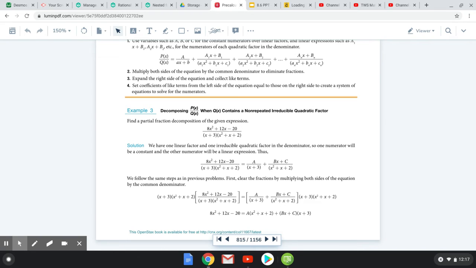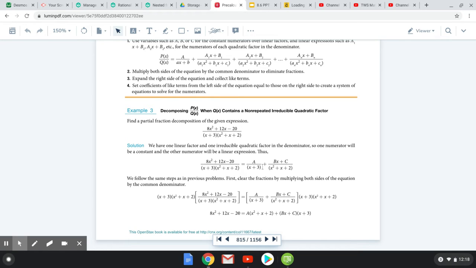All right, here is the last example we're going to do for 9.4, partial fraction decomposition. And this is talking about what happens when we have a quadratic in the denominator that doesn't factor. So we end up with a factor that is a quadratic, essentially.